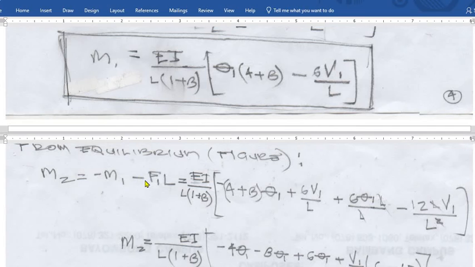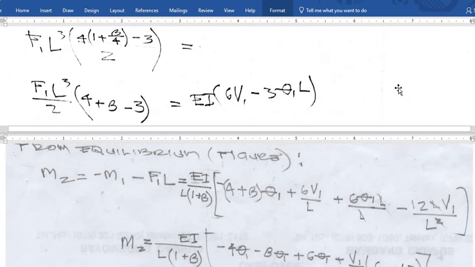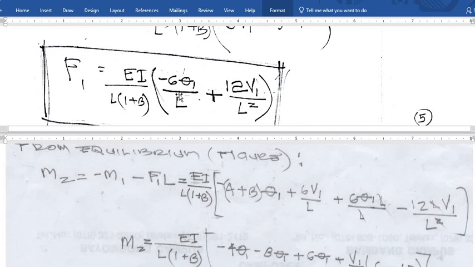Now, let's go to negative F1. Which is this. Again, yan, common siya. So, nilabas na natin ito. Tapos, i-multiply natin ng L. Okay, so this now becomes 6 theta 1 times L all over L. And this is negative, tsaka negative yun, kaya naging positive ito.